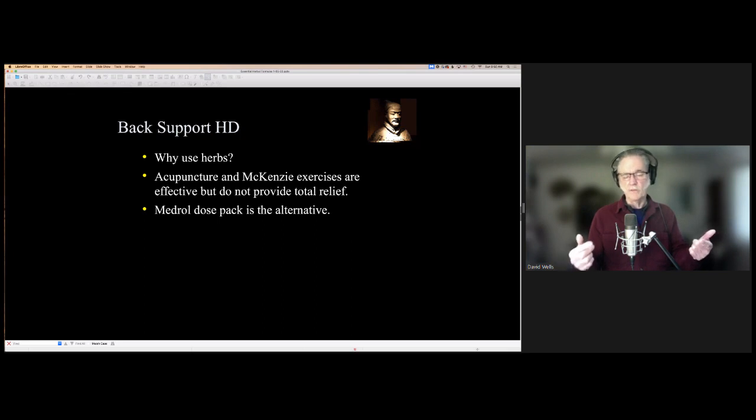Or if you know the patient's doctor, you can call the doctor and say, your patient has this presentation, appears to be this condition. I would like them to be on Medrol for 5 days. Do you want to see them, or do you just want to call it in? And if they trust your diagnostic skills, maybe they'll just call it in for the patient. But anyway, that can shrink the swelling and give a lot of relief in the short term.